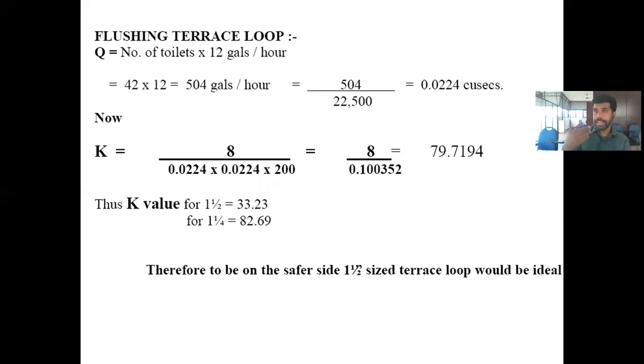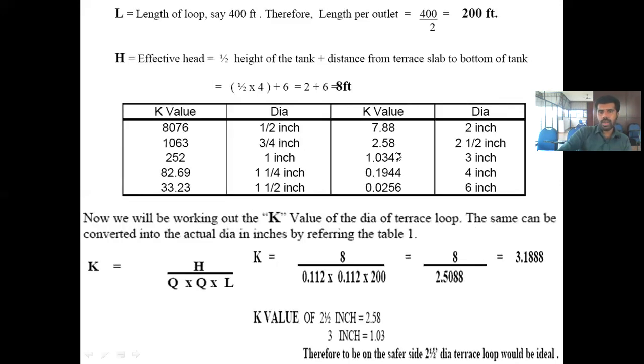We need to know the effective head, the height, then the length of the loop, then the total discharge, how much water is being discharged for the individual fixtures. When we know those values, substitute them in the equation, verify the value with the table, and you will get the proper diameter.